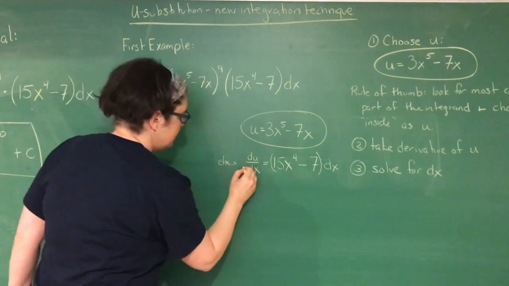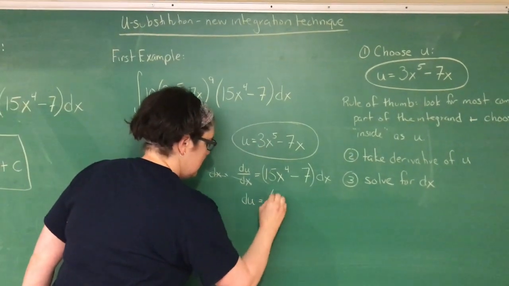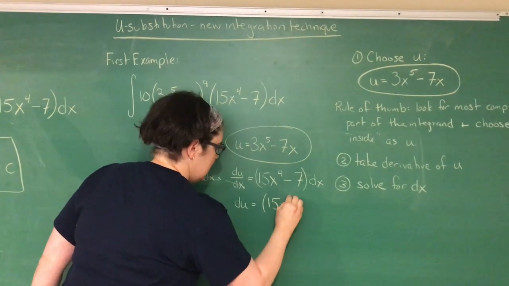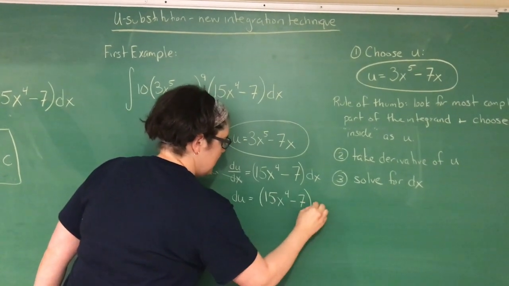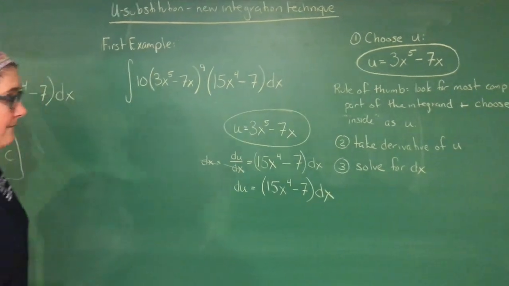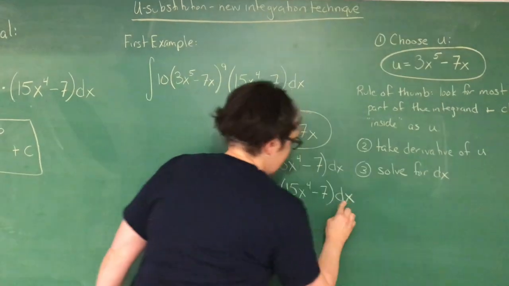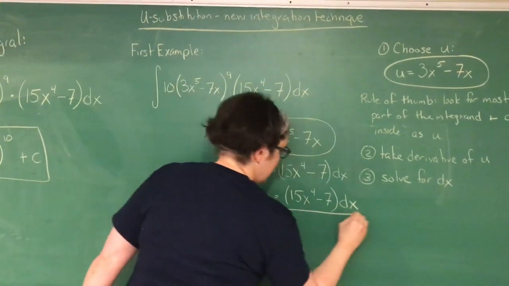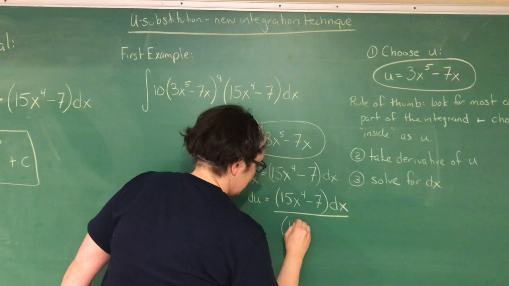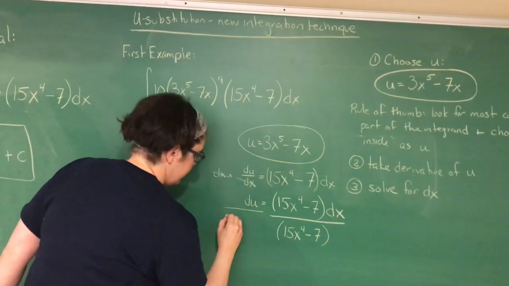On the left side, the dx's cancel, and I'm left with du equals (15x^4 - 7) dx. Okay, so I'm still trying to solve for dx. dx is out of the denominator, but to get it by itself, I now need to divide both sides by 15x^4 - 7.